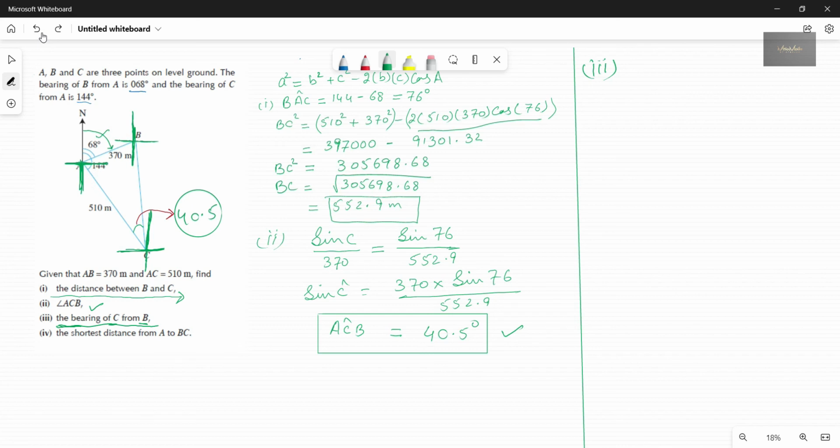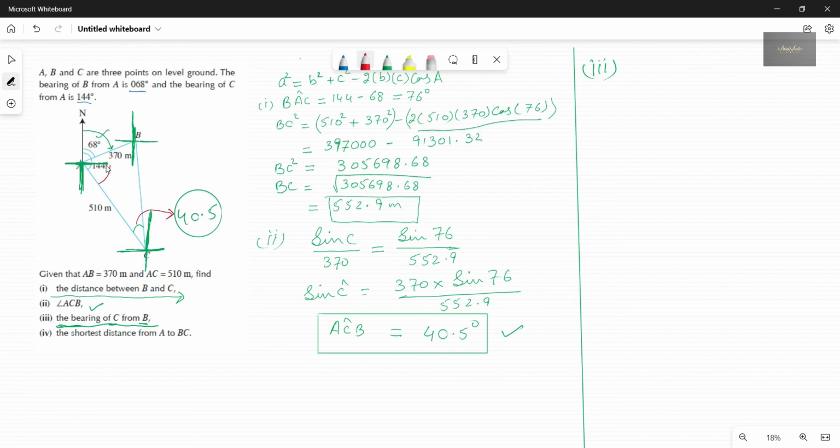Now I need to find this angle. Okay, I am erasing it. I am finding the angle. Let me mark it with red, which starts from the horizontal line and ends at the line AC.